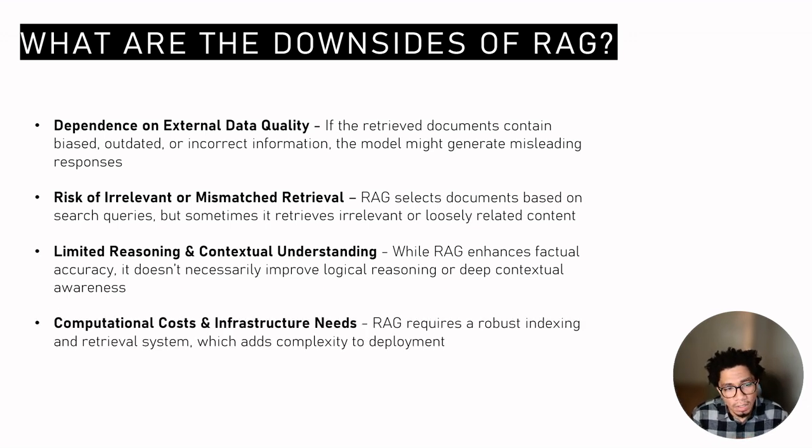The other issue is computational costs and infrastructure needs. You have an LLM, and you need some infrastructure to host that LLM, GPUs, etc. But for RAG, because you're storing information in a vector database, you need a very robust vector database that is able to index the vectors and retrieve them with speed and reliability.